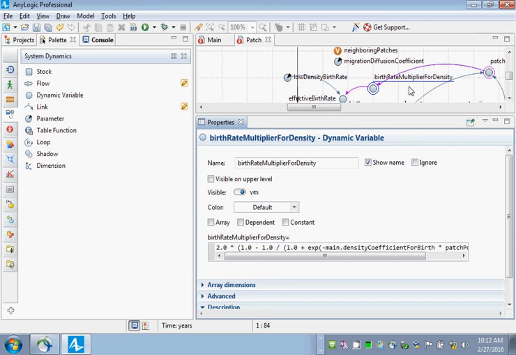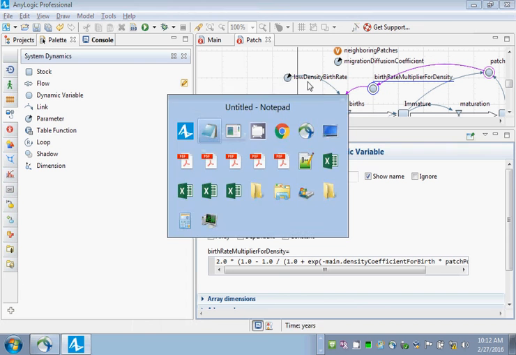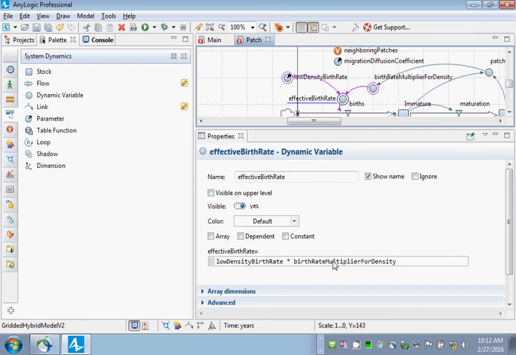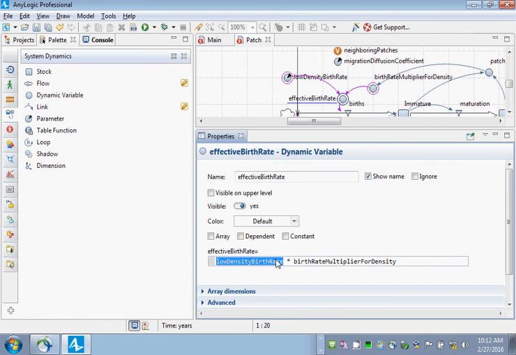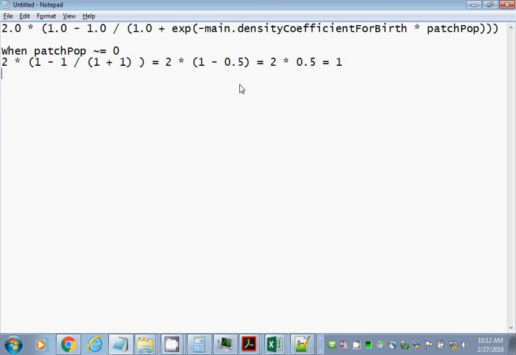So we're going to have here 2 times 1 minus 1 divided by 1 plus this, which I argued goes to 0, e to the minus this thing as patch pop gets large. It goes quickly to 0, in fact. So we have this, which is equal to 1 minus 1, which is equal to 2 times 0, which is equal to 0.